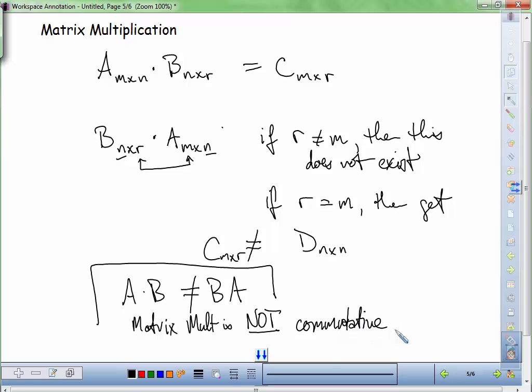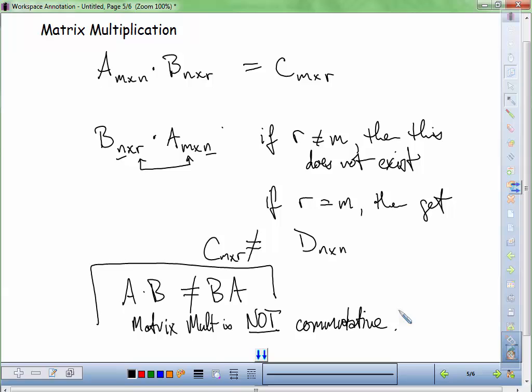So this is one of those examples. If you ever get into more math and you study what's called groups and fields and stuff like that, looking at things that are not commutative is pretty interesting. Everything that we've dealt with, real numbers, complex numbers, and even the finite fields, they're all commutative.